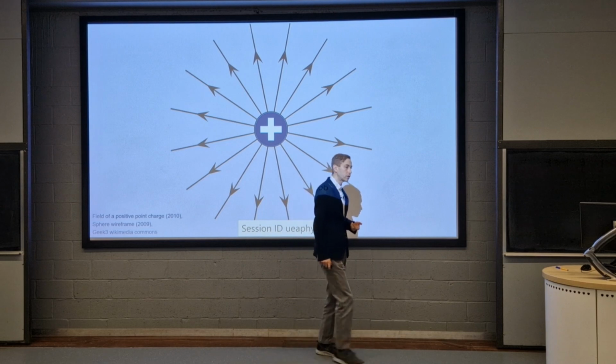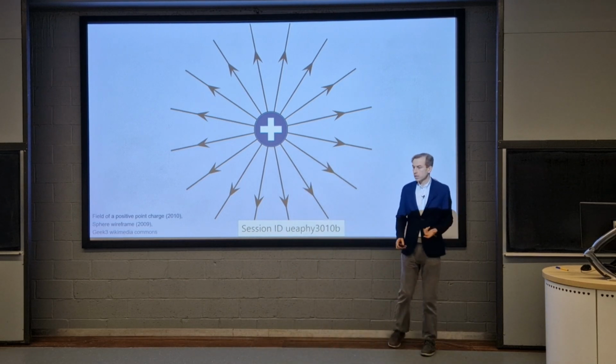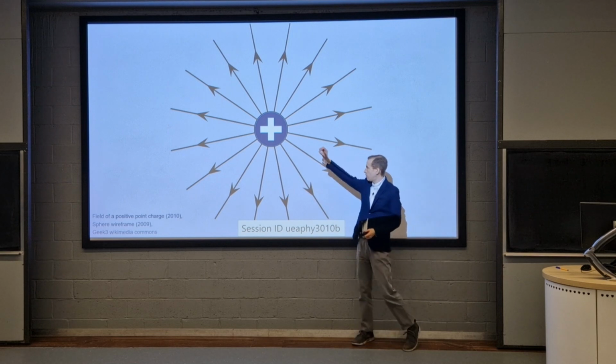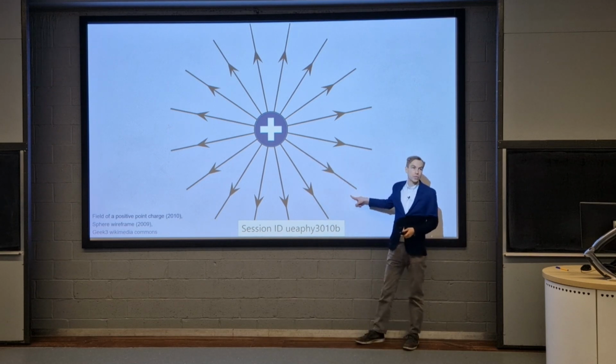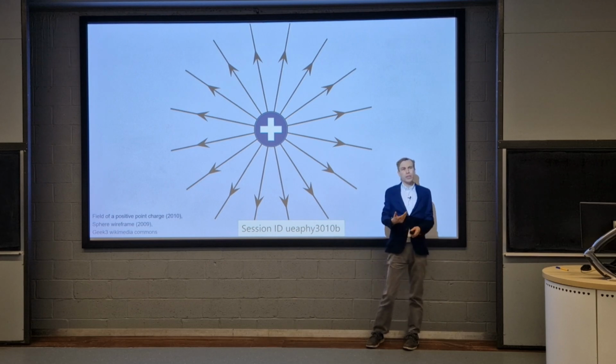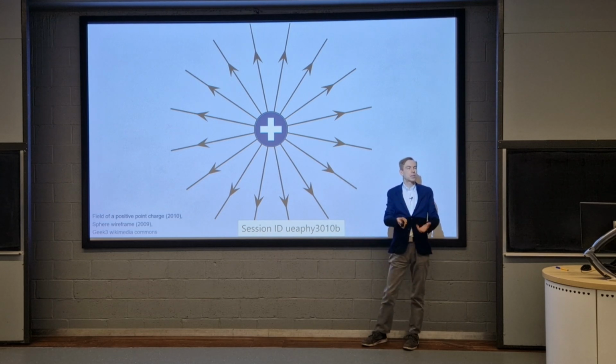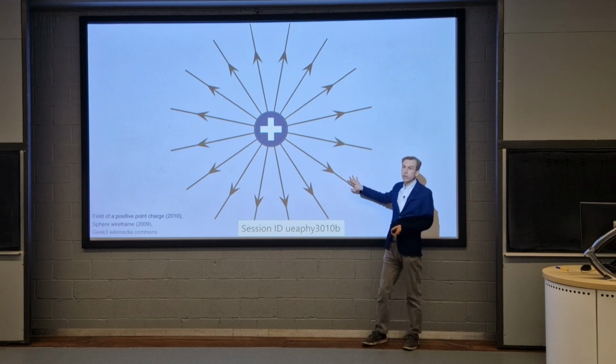The electric field lines tell us where a positive test charge will go. So I take my charge, put it down over here, I know it's going to go this way. And what Gauss realized is if we think about an area which surrounds this central charge, that really helps us to describe what's going on with these electric field lines.